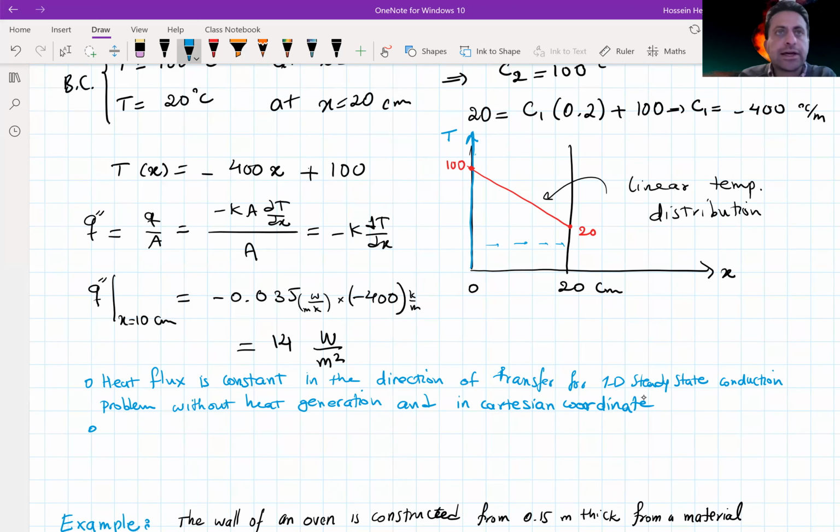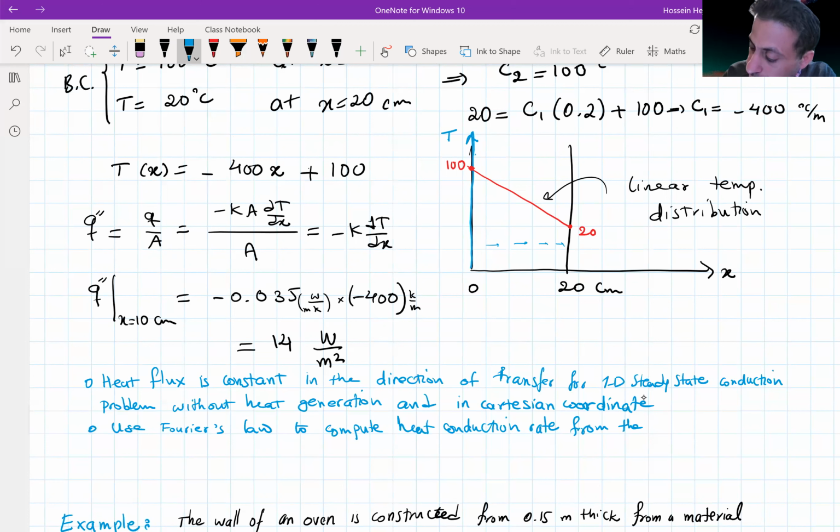And the second one is we can always use Fourier's law to compute heat conduction rate from the temperature distribution.